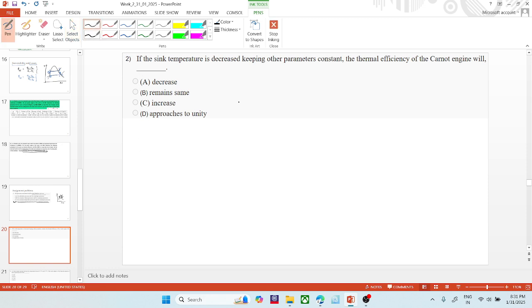Next, if the heat sink temperature is decreased, keeping other parameters constant, what would be the thermal efficiency? What they are asking is the same thing which we have done. Basically, decreasing the sink temperature means decreasing the condenser pressure.